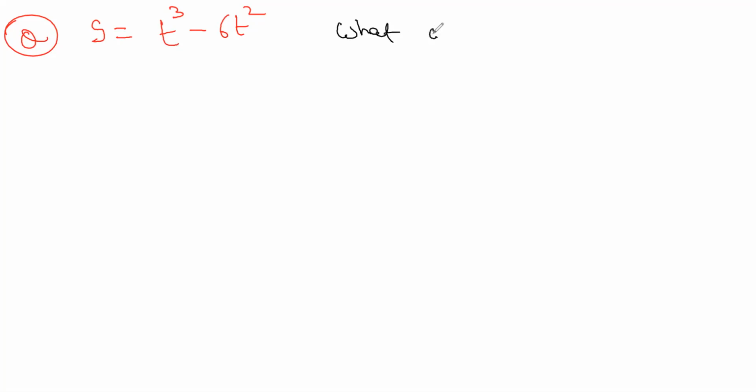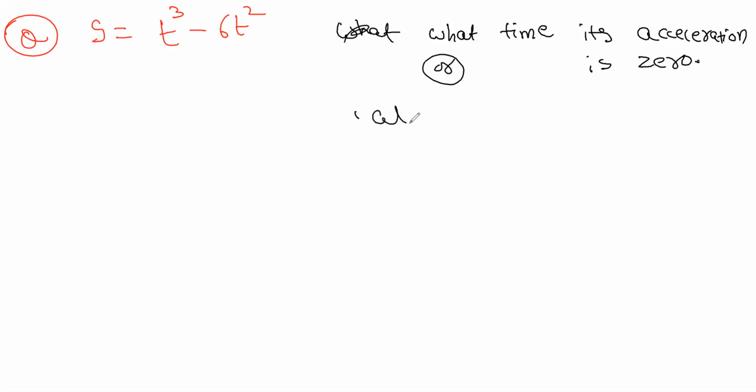At what time is its acceleration zero? The same question they can ask in different ways: at what time is its acceleration zero, or at what time is its velocity constant? Remember, the same question can be asked in different ways because all mean the same.